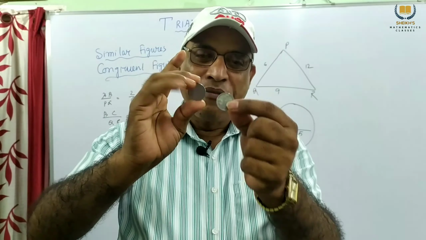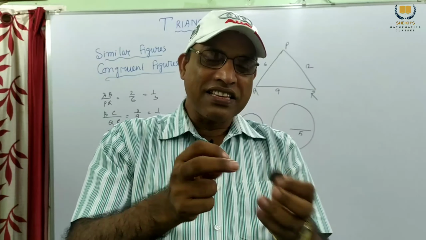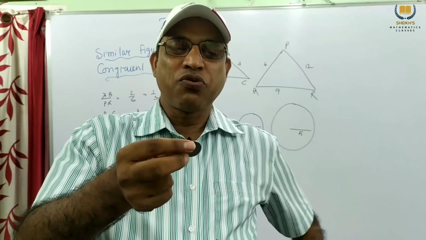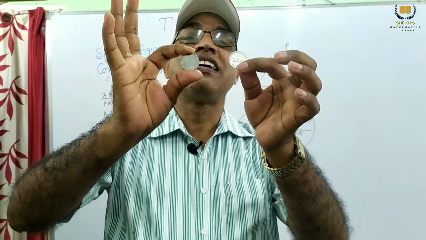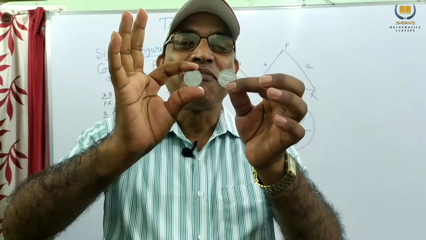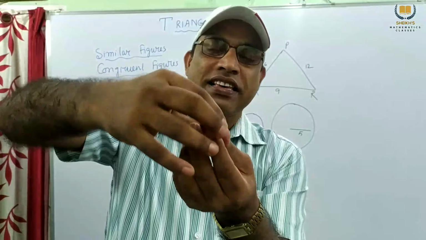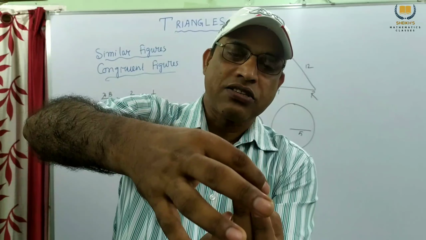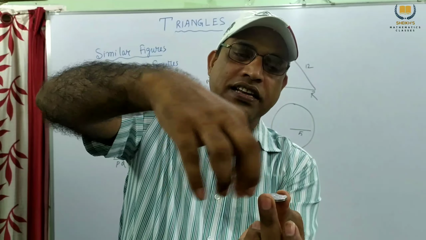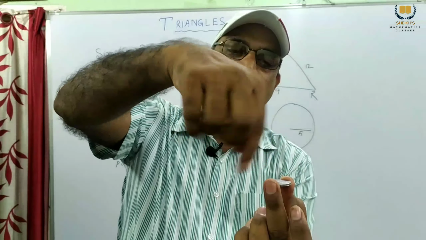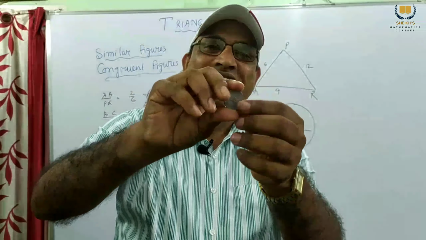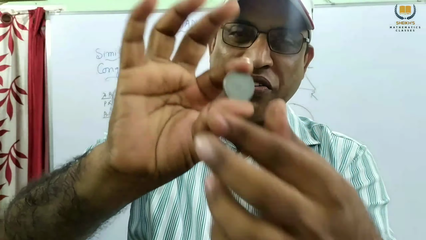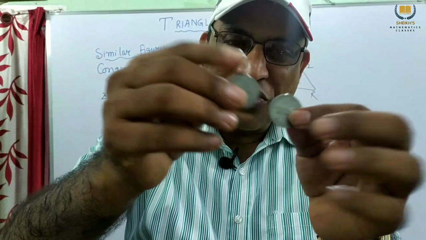But if we consider these two figures, these two are congruent, because if we take this one coin and put it above this, then all sides are equal, nothing is left, so these two are congruent.